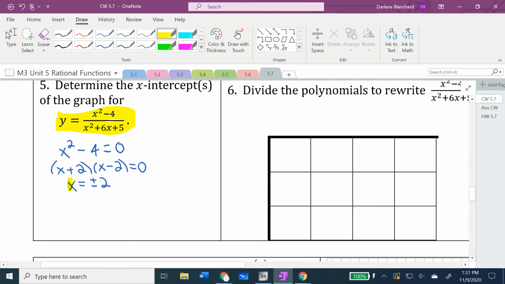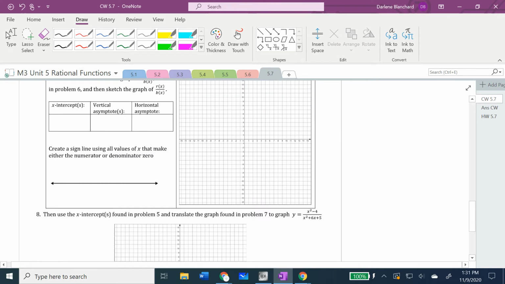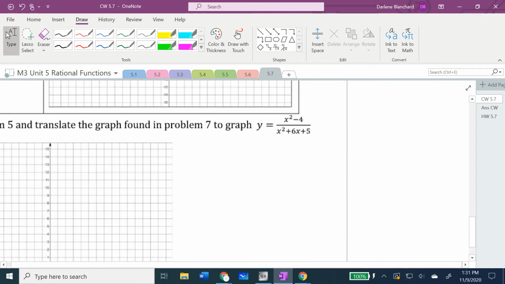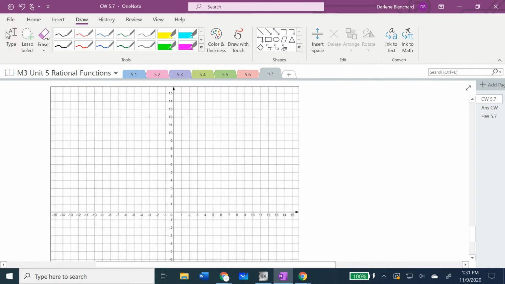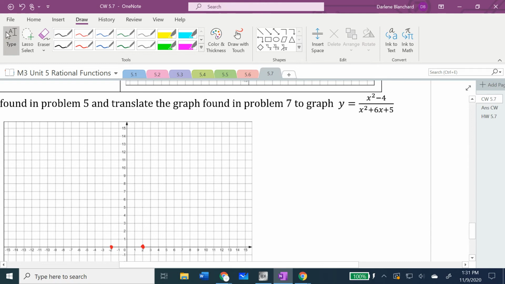These are going to be the ultimate x-intercepts of the final graph, way down here, when I go to graph this. So I'm going to plot those right now. Positive 2 and negative 2 are x-intercepts of this function.